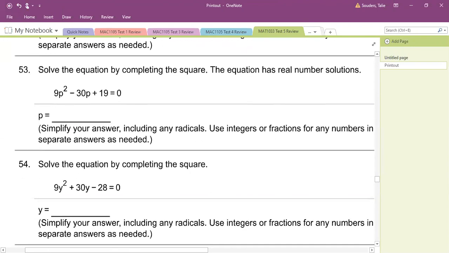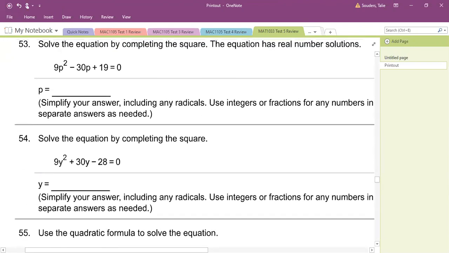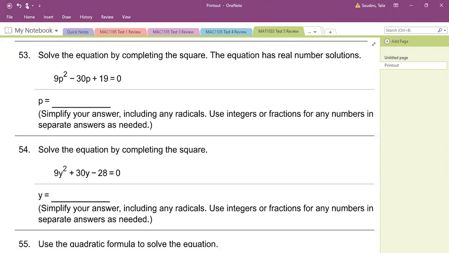Unfortunately, what do we need to do first in number 53? You gotta divide by that 9. Yep, you cannot have a coefficient in front of the squared term. So we have to divide every term by 9. Doesn't matter that it's nasty. We are required to do it as our first step.